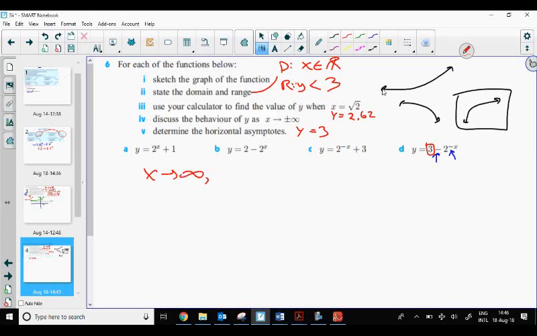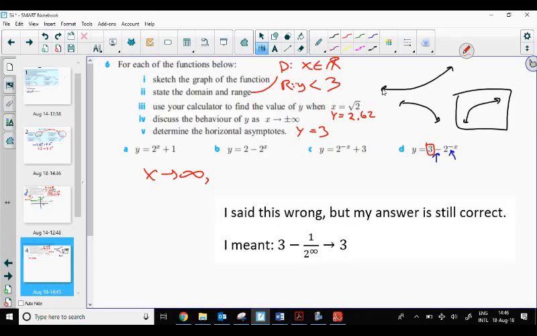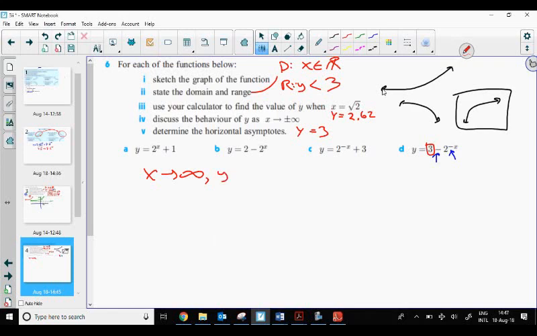As x gets really, really big in the positive direction, we are going to have 3 minus 2 divided by a super, super big number. That's 3 minus 0. So I'm going to say y approaches 3, and it's going to approach it from below, because it's always going to be something just less than 3. It's 3 minus something that's almost 0.